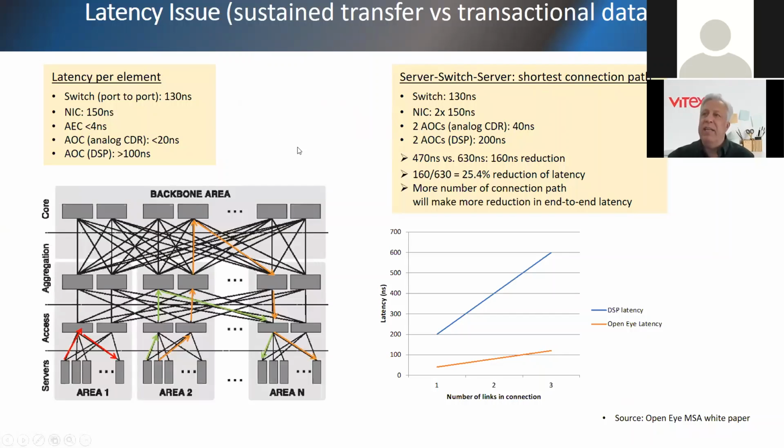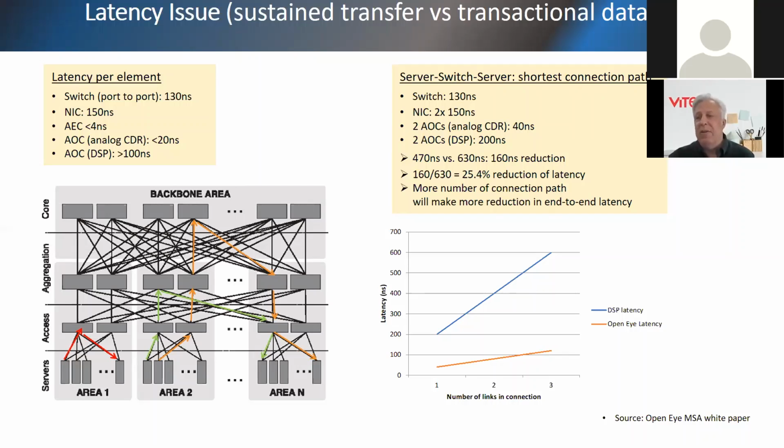One of the things about latency, and I'll just start out with this, it may be less of a consideration for some people if you're doing sustained transfer of data. But if you're talking about high performance computing or neural networks or supercomputers, you basically have a lot of transactional data queries.